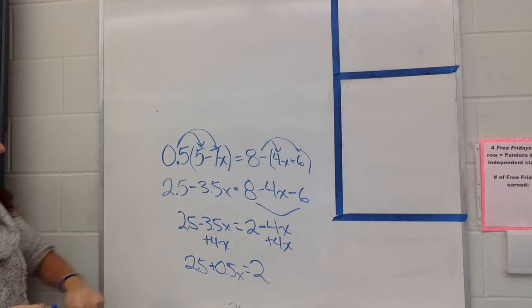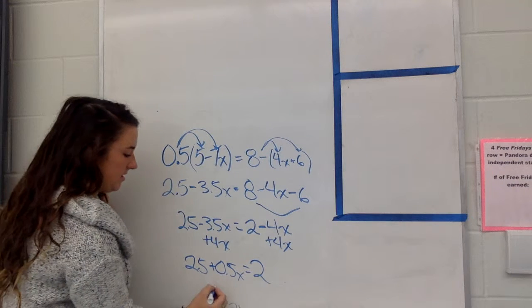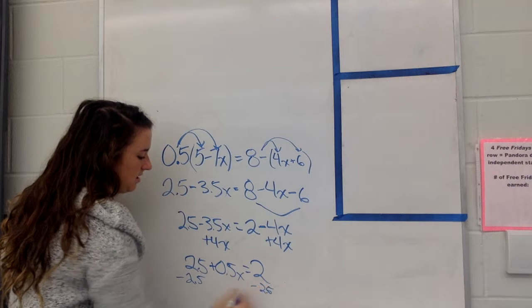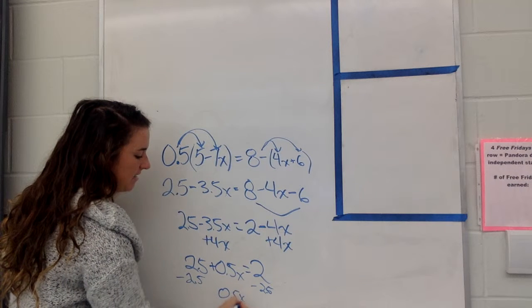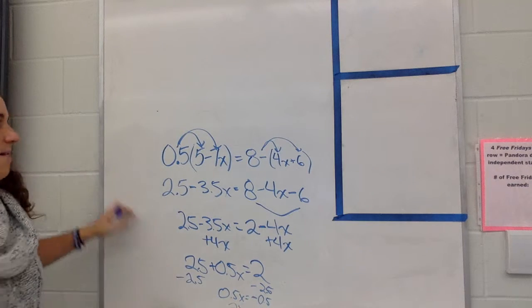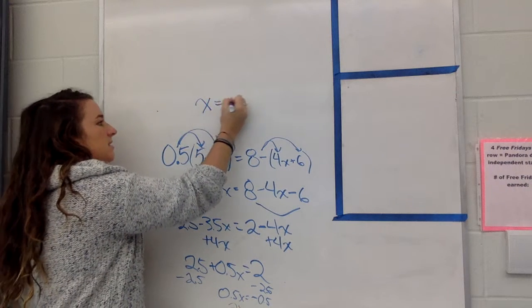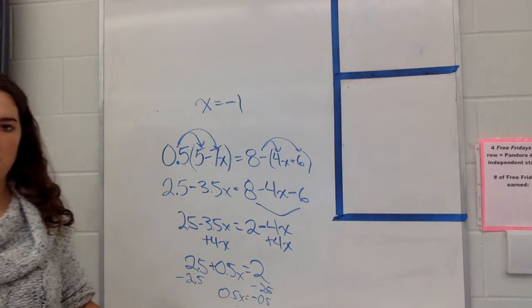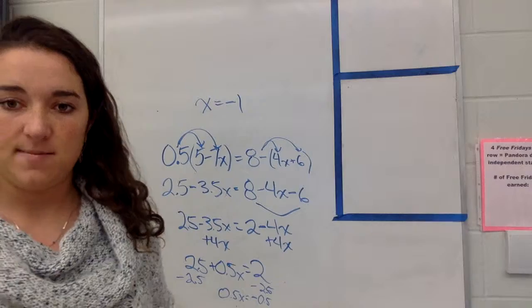All right, now I can subtract 2 and 5/10 on both sides. You'll end up with 5/10 x equals negative 5/10, and you'll end up with x equals negative 1 because you divide by 5/10 on both sides. Go ahead, finish up the rest of the worksheet.